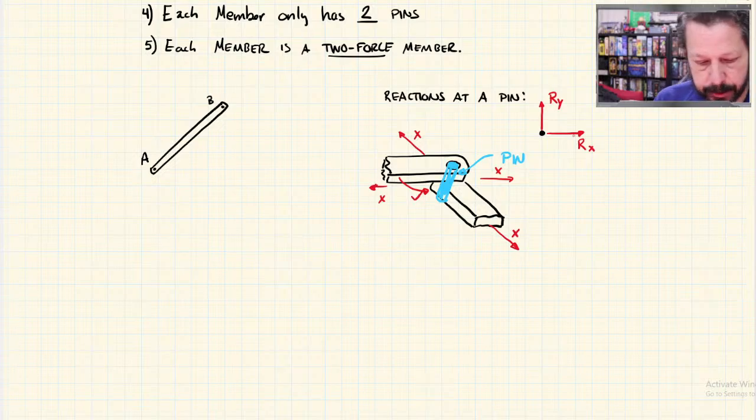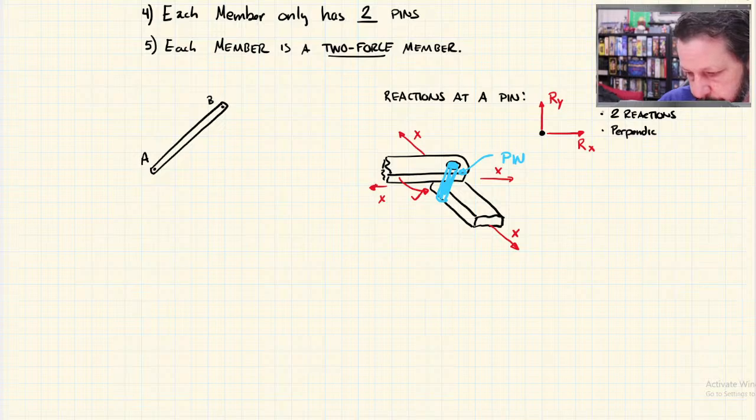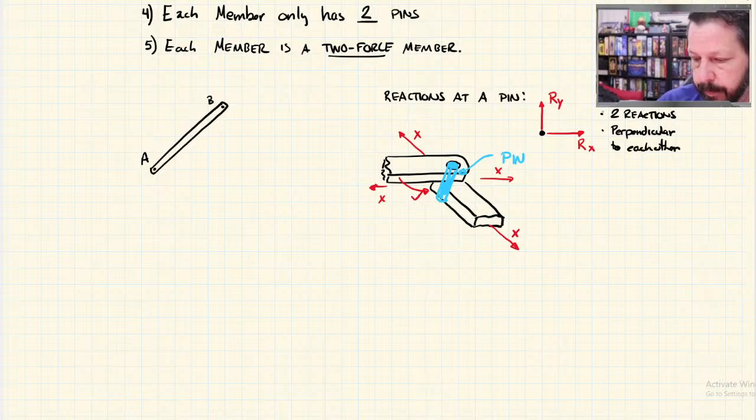All right, so knowing that reactions at a pin, there are two reactions, and those two reactions are perpendicular to each other. Okay, so that's the rules for reactions at a pin.